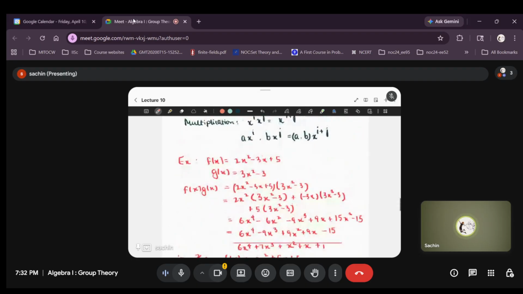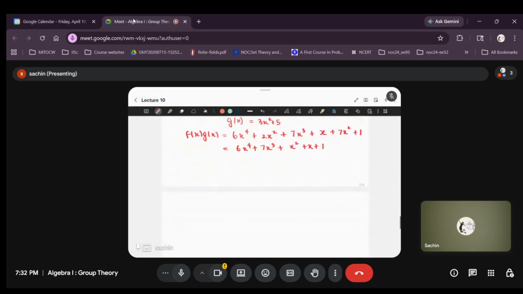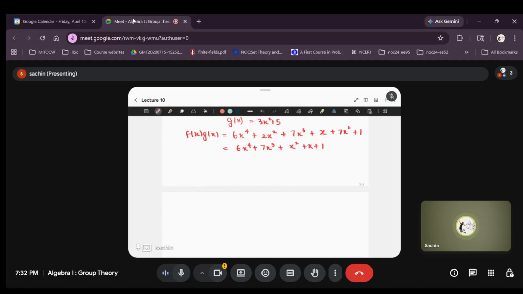Okay, once we have defined this addition and multiplication, we haven't checked whether it is a ring or not yet. So to check it is a ring, first we see this is obviously closed just from looking at the definition.